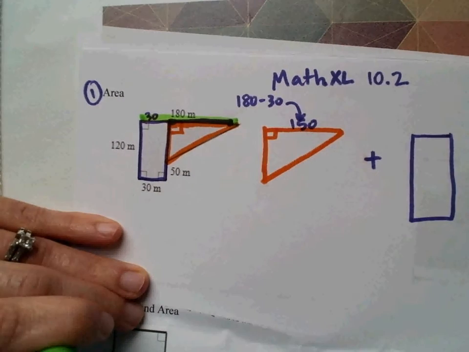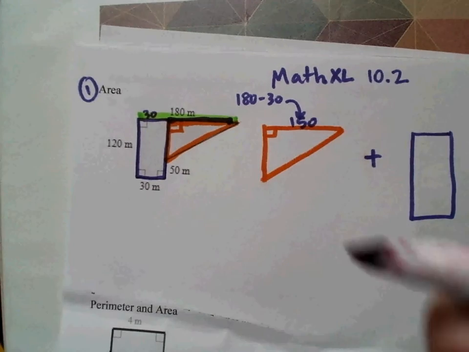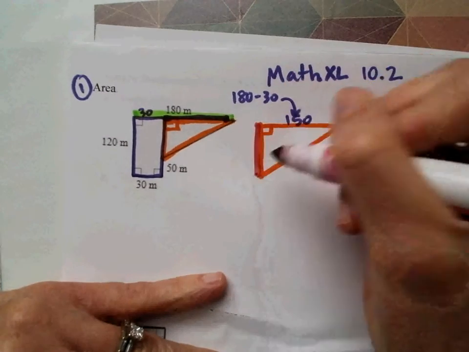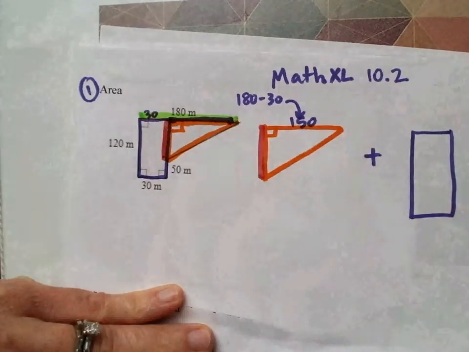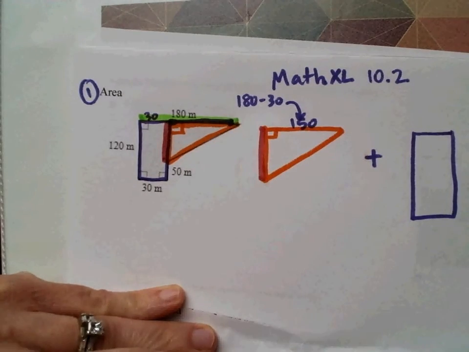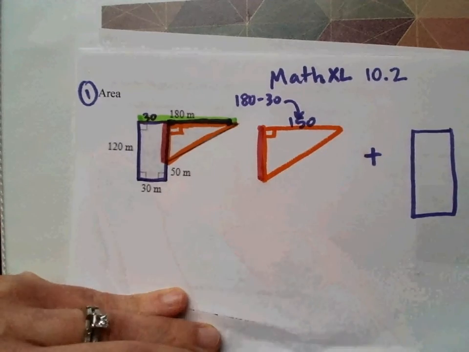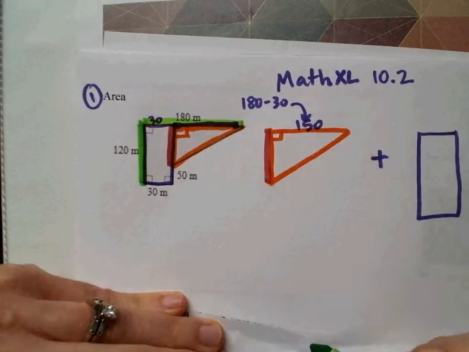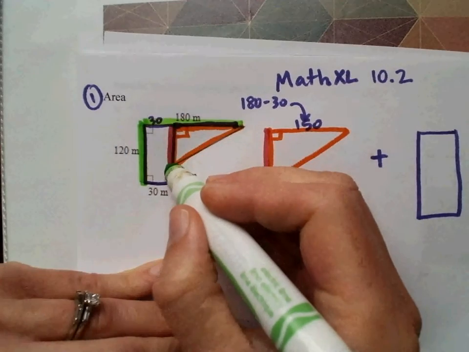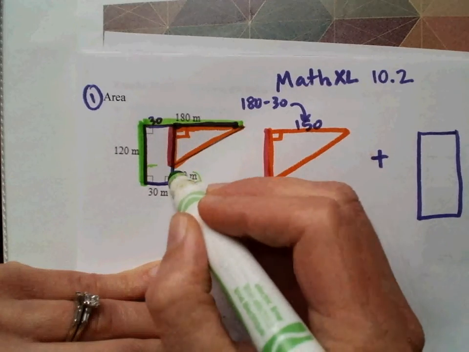All right, now I also need, let's use a different color, the height of the triangle, which is going to be that side, which is this side in your picture. If you look at that side in your picture, that is parallel to this 120 number. So 120 is the entire piece. If you notice, the pink line only goes to there. So what part don't I want? I don't want the 50.